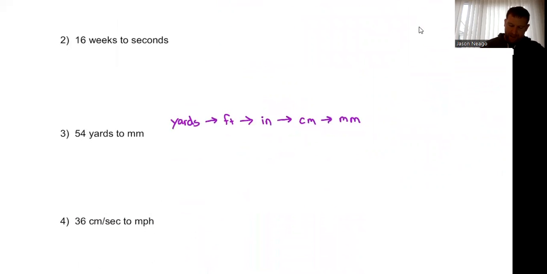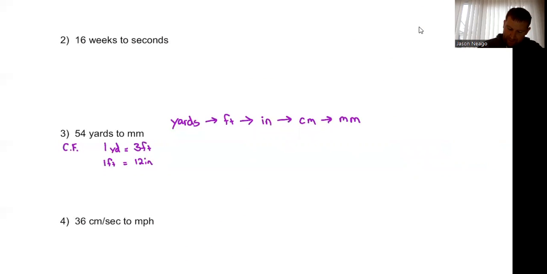So I have several conversion factors that I need to use. The one that takes me from yards to feet: 1 yard equals 3 feet. From feet to inches, 1 foot is equal to 12 inches.